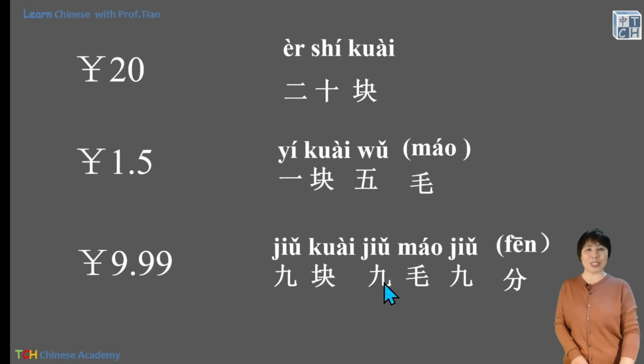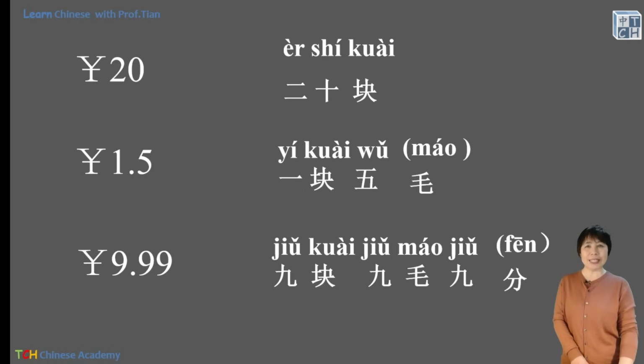And nowadays, this is rarely used. So we just use this 块 and 毛. So 20块 and 一块五, these expressions are more common.